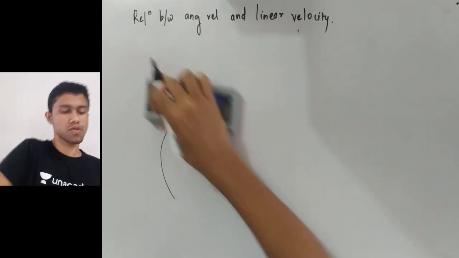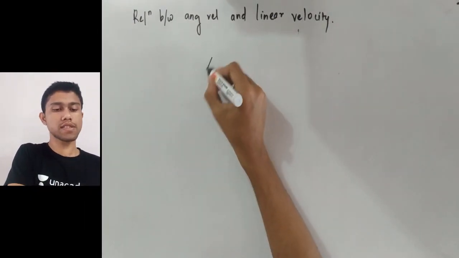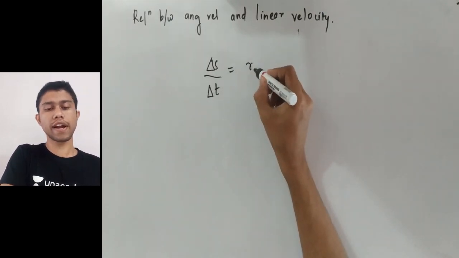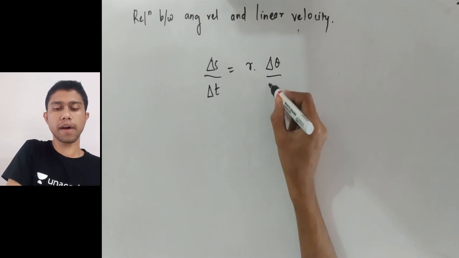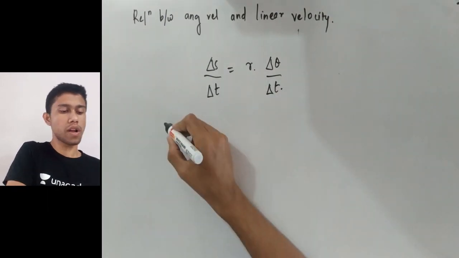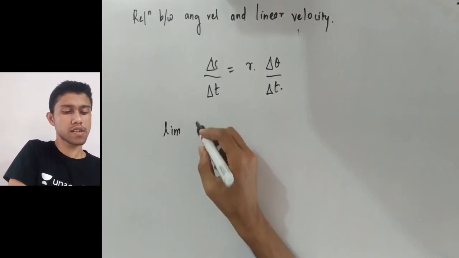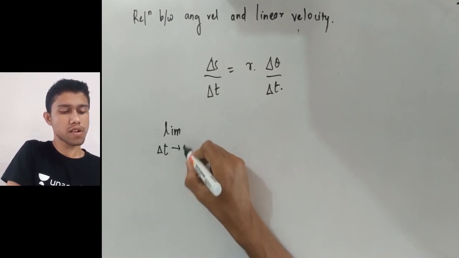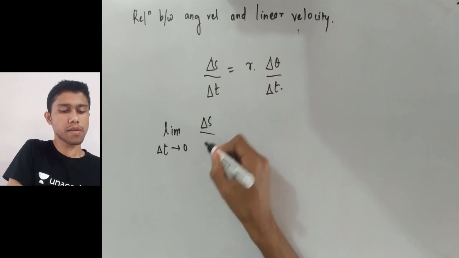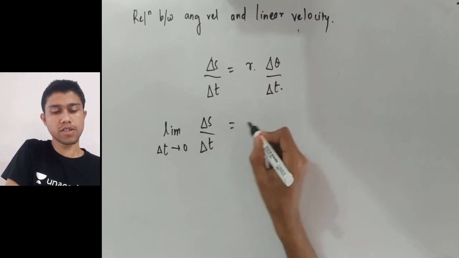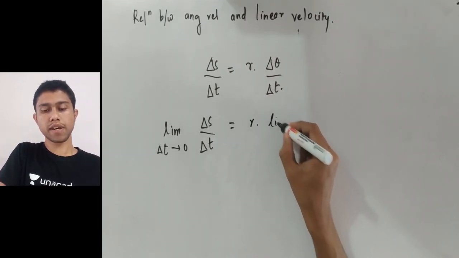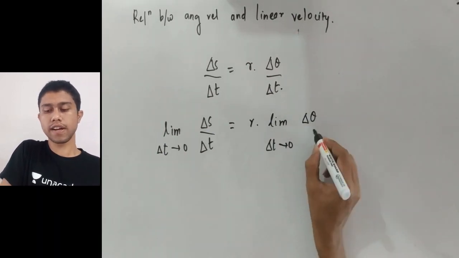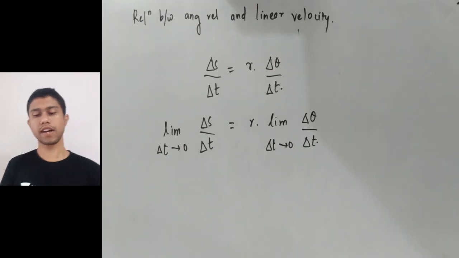So what I have is delta S by delta t is equal to radius times delta theta by delta t. So I'll put limits. Limits delta t tends to 0. Delta S by delta t is equal to radius, limits delta t tends to 0, delta theta by delta t.